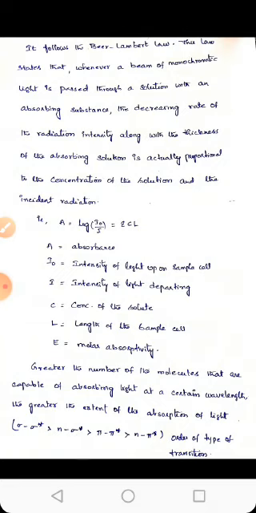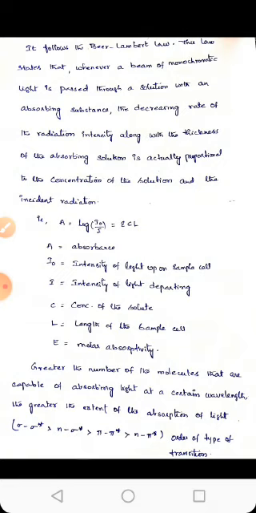Therefore A equals log I naught by I equals ECL, where A stands for absorbance, I naught is the intensity of light upon the sample cell, I is the intensity of light departing the sample cell, C is the concentration of the solute, L is the length of the sample cell, and E is the molar absorptivity.